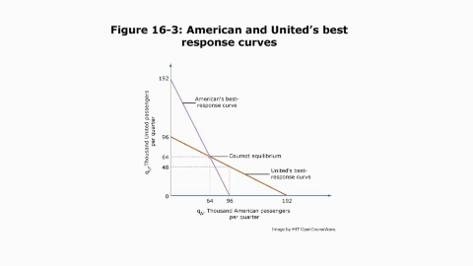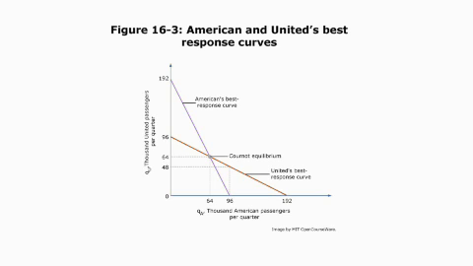Because when American is producing 64,000, United's happy to produce 64,000. That's their profit maximizing choice. If United's producing 64,000, American is happy to produce 64,000. That's their profit maximizing choice. So at that point of each producing 64,000, we are in a Nash or Cournot equilibrium. Both firms are happy, both firms are profit maximizing, given what the other firm is doing.